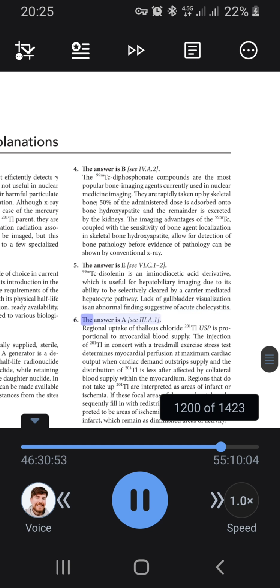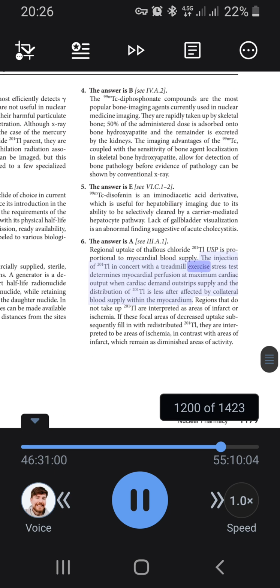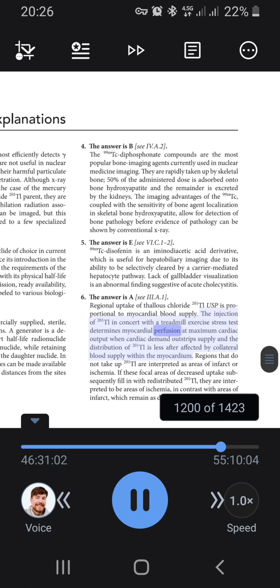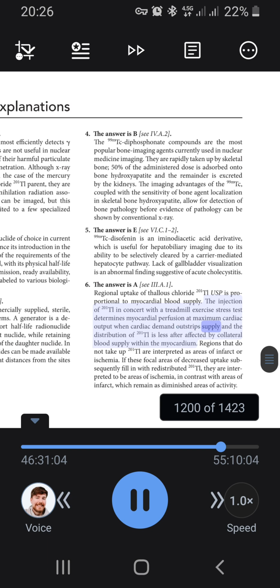6. The answer is A, C31. Regional uptake of thallous chloride 201Tl USP is proportional to myocardial blood supply. The injection of 201Tl in concert with a treadmill exercise stress test determines myocardial perfusion at maximum cardiac output, when cardiac demand outstrips supply and the distribution of 201Tl is less affected by collateral blood supply within the myocardium.